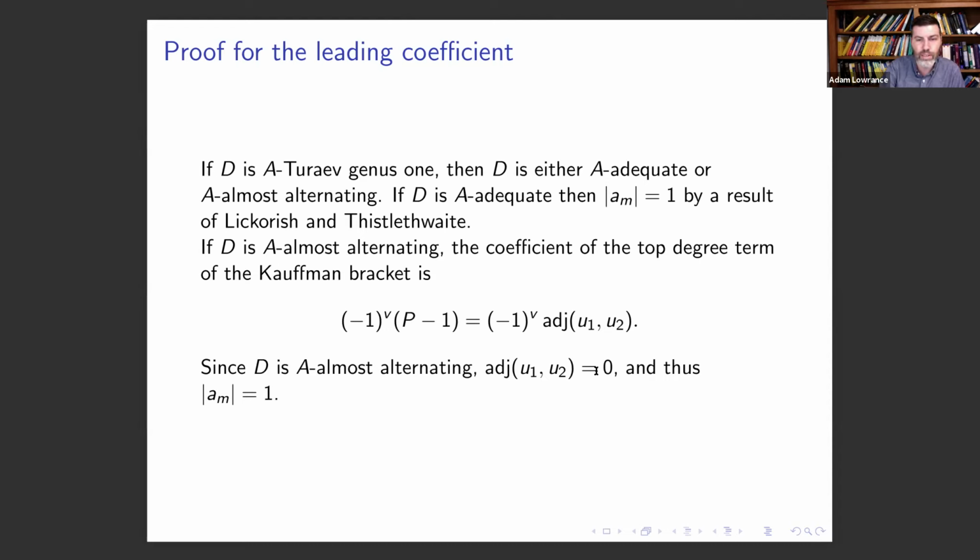Since D is almost alternating, that's 0, and thus this gives you the absolute value of B1. There should be a parentheses with that -1. So the fact that we were able to show that every almost alternating diagram has this adjacency of U1 and U2 being 0 gives us that this leading coefficient has to be absolute value 1.